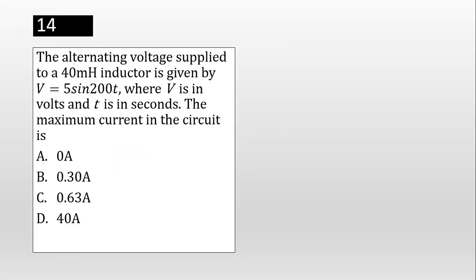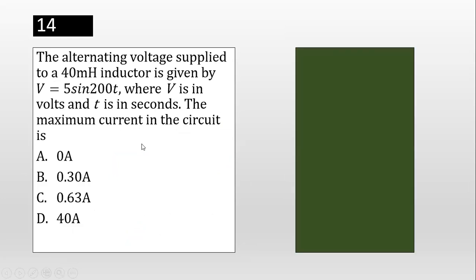An alternating voltage supply to a 40 millihenry inductor is given by the equation, V is in volts, t is in seconds. Find the maximum current in the circuit. Inductor formula, find the reactance.